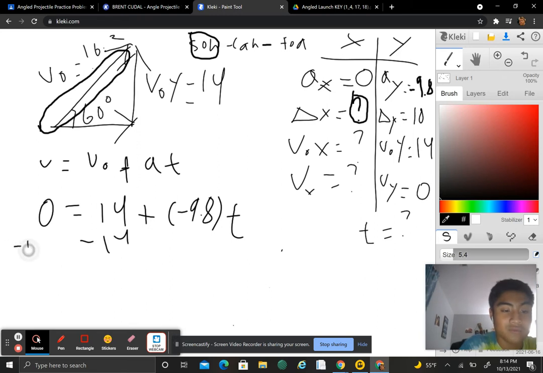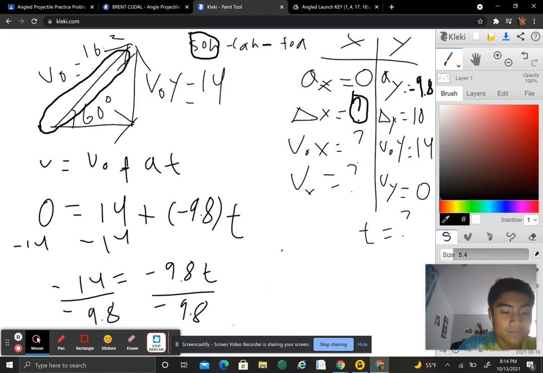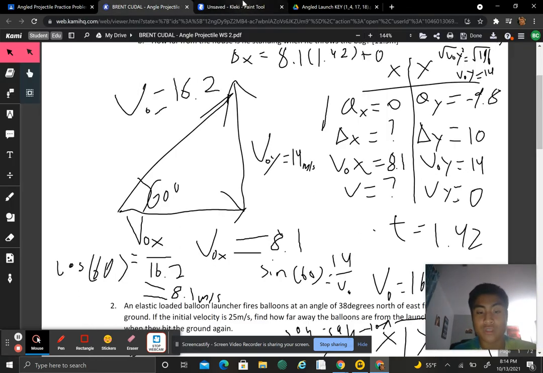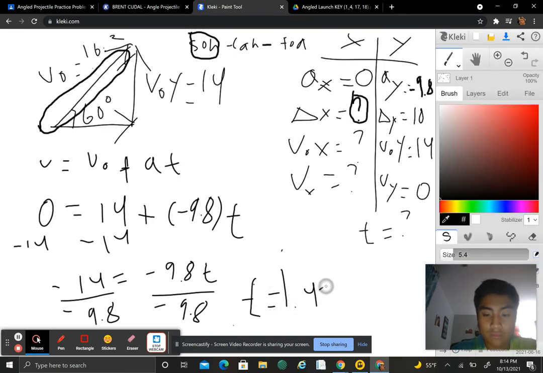Subtract 14 on both sides. Negative 14 is equal to negative 9.8t. Divide by negative 9.8 on both sides. And now t should equal 1.42. Not should, it will. Don't worry, it will.